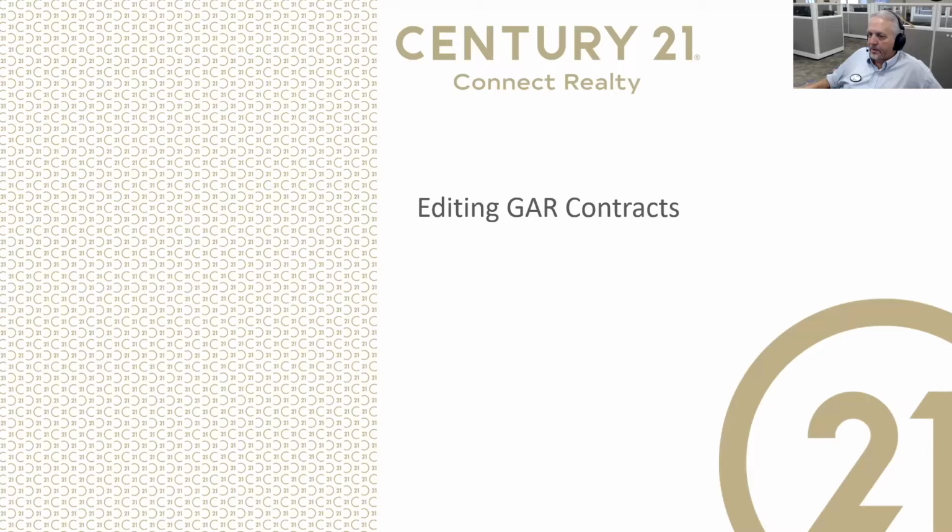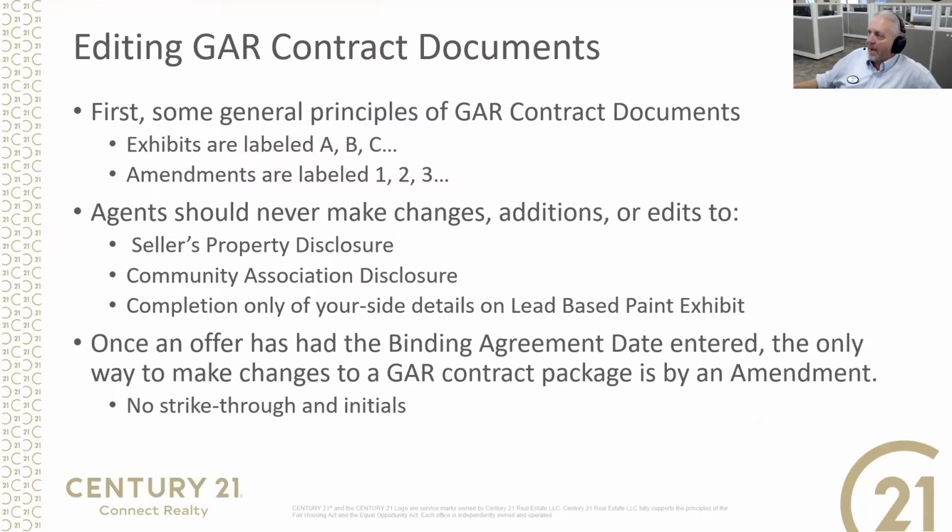Before we get too far into it, let's talk about some basic information about GAR contract documents. As a review, some general principles of GAR contracts. Exhibits are going to be labeled A, B, and C. Amendments, on the other hand, are going to be labeled 1, 2, and 3.